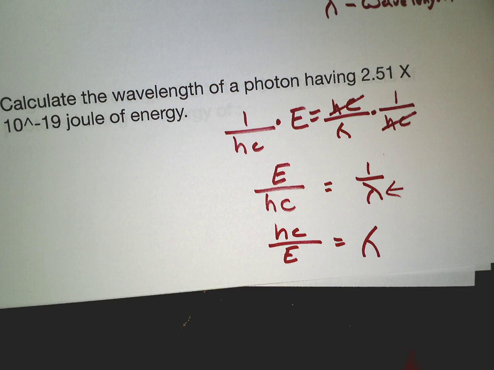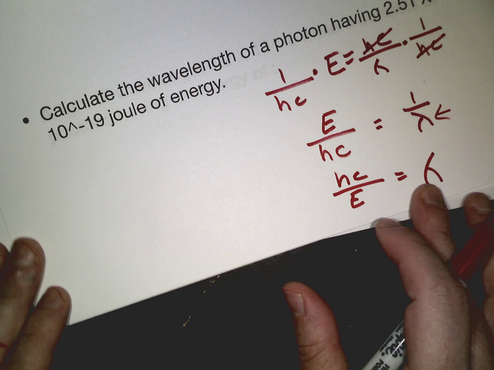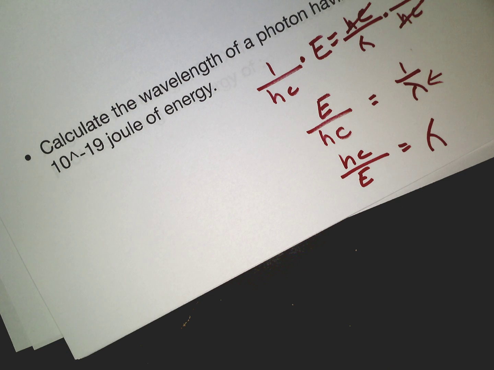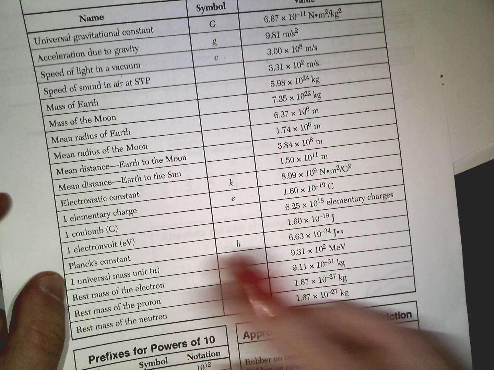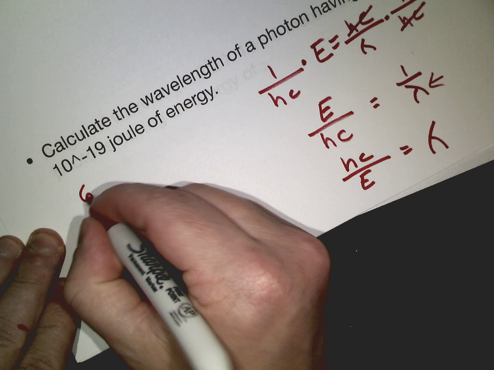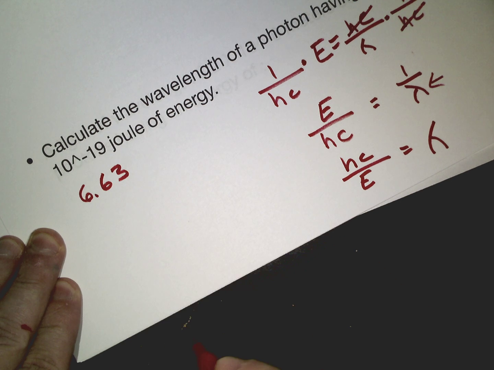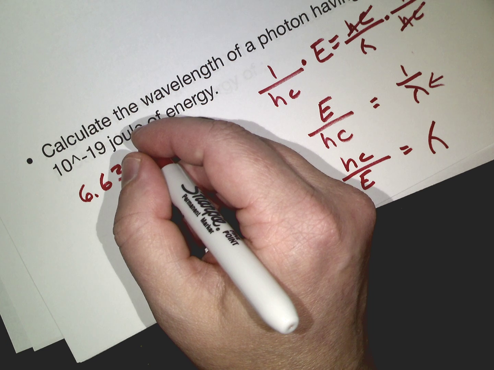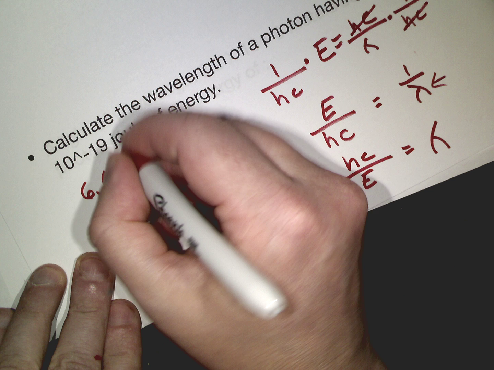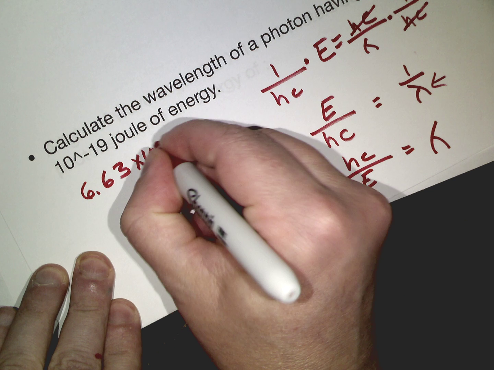So now I just have to put everything together to figure out lambda. So h, all these constants, of course, on the front of the reference table, Planck gives me 6.63 times 10 to the negative 34.